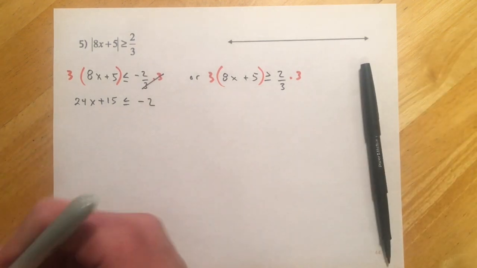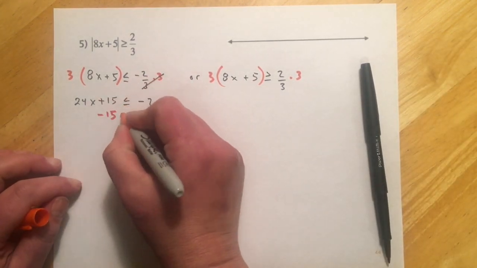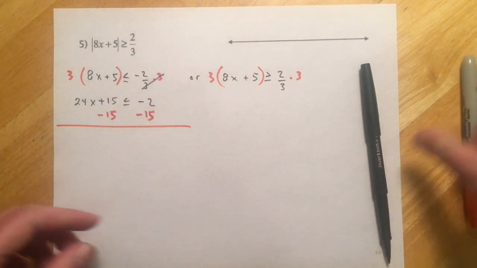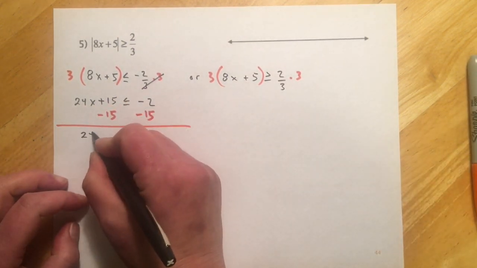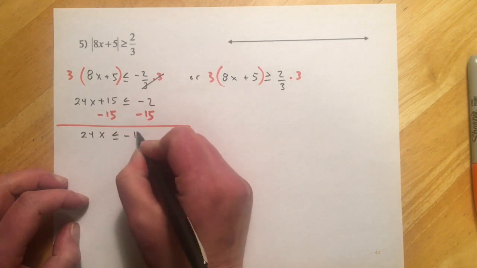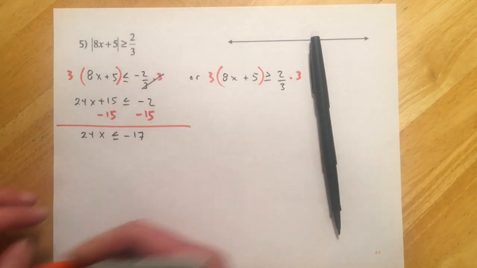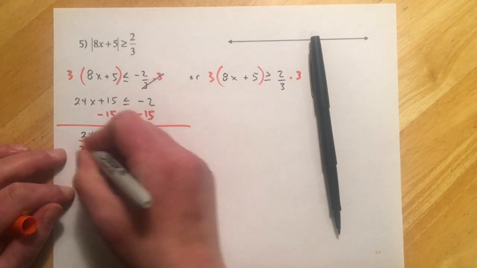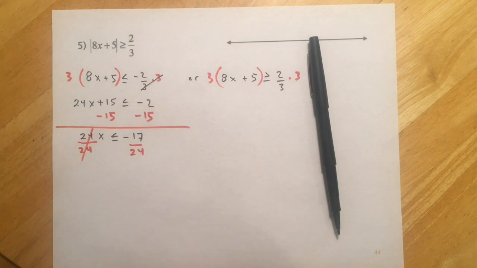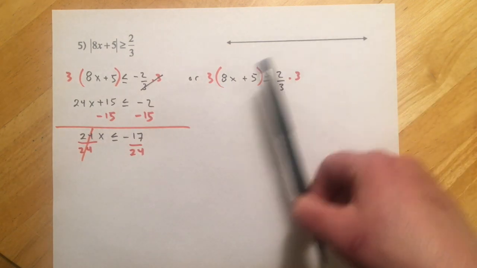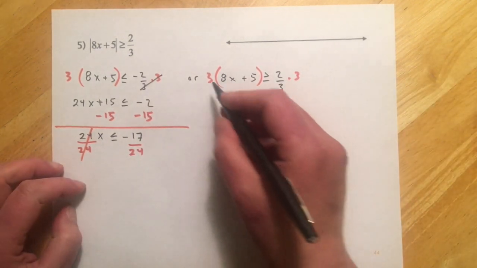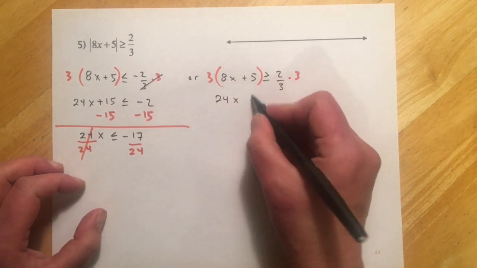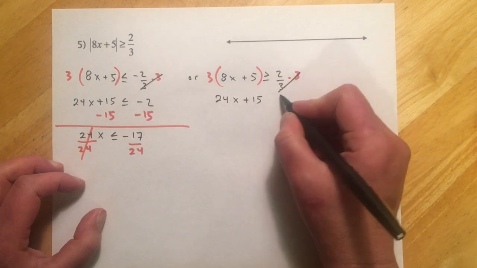And then I'll bring my 15 over. And that's going to be 24x less than or equal to negative 17. Divide both sides by 24. And x is less than or equal to negative 17/24. Not a very nice answer, but what we got. And I'll do the same on this side. It's 15, cancel.